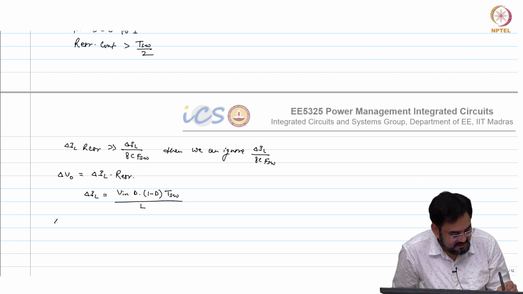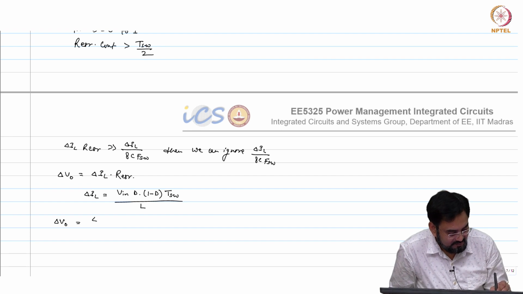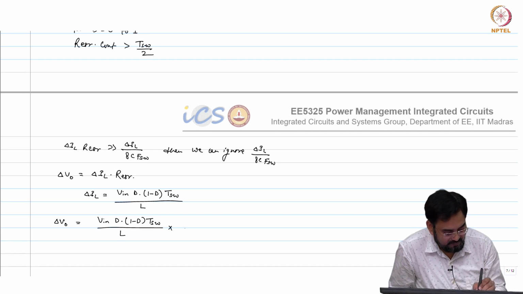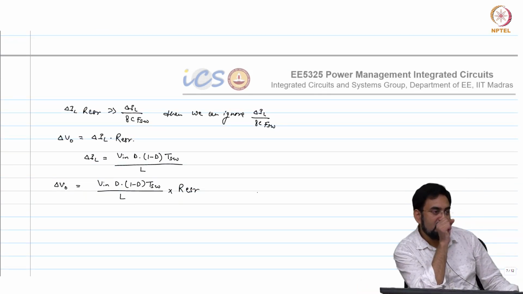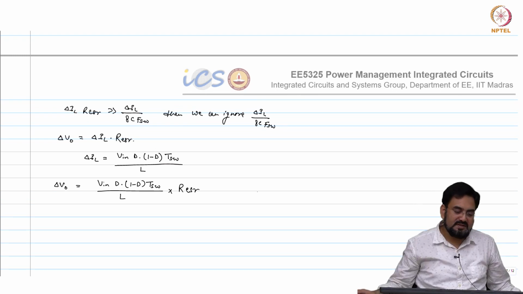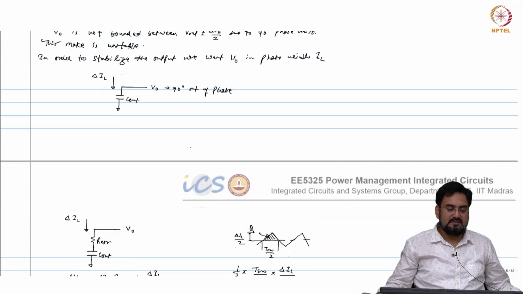Which means delta V out equals V in... what is delta V out here, in this case? It is delta VH.